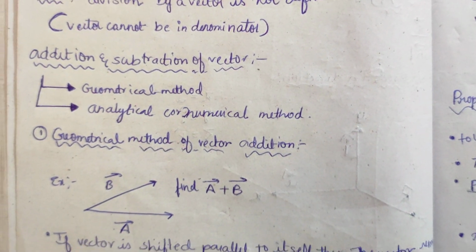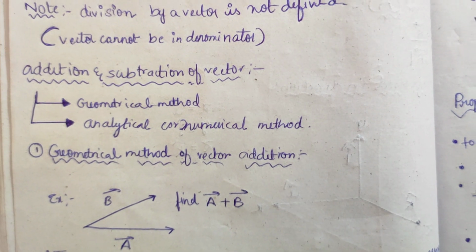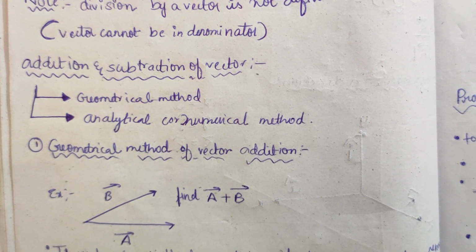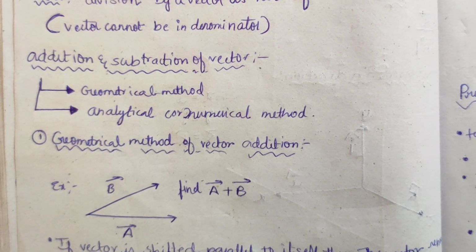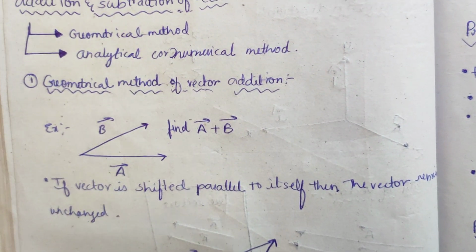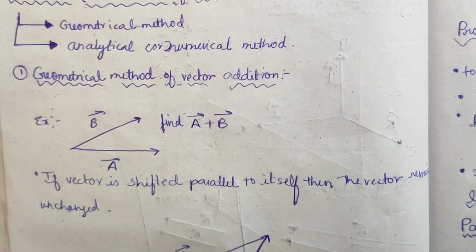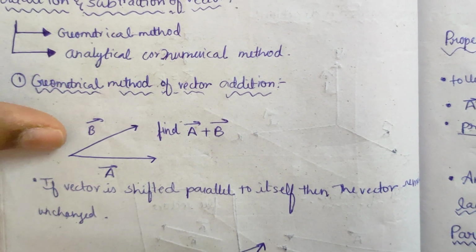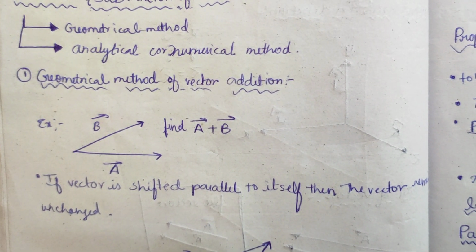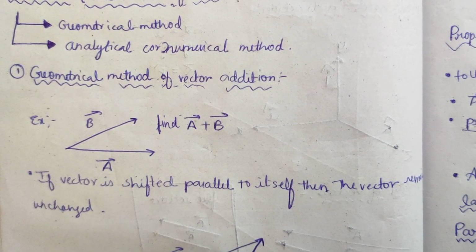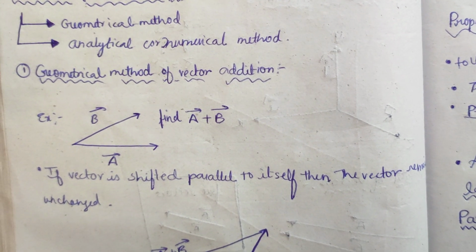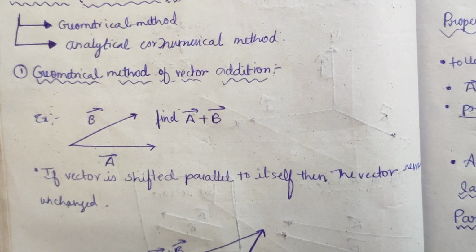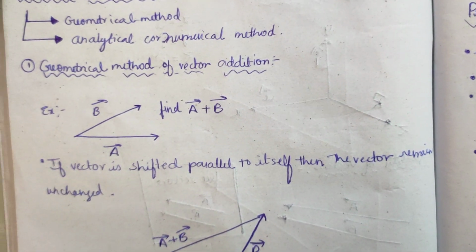First let us discuss the first method, known as the geometrical method of addition. Here you can see the coinitial vectors on two lines, that is b and a. If they are asked to find a plus b, then how will we find it? If a vector is shifted parallel to itself, then the vector remains unchanged.